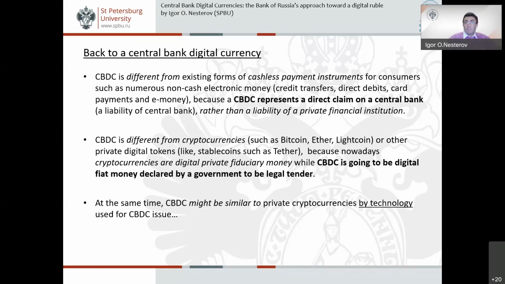CBDC is going to be a digital fiat form declared by government to be legal tender. So that is the difference from private cryptocurrencies. But there is one quite interesting moment regarding the CBDC. CBDC might be similar to private cryptocurrencies by the technology used for CBDC issue.